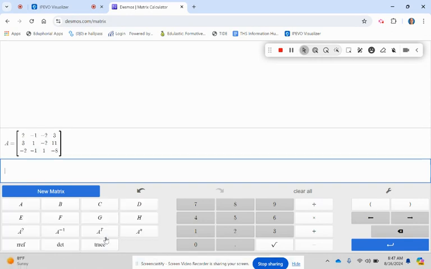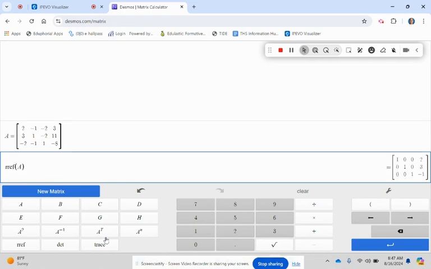And then we're going to do RREF of matrix A. And our solution is x equals 2, y equals 3, z equals -1.